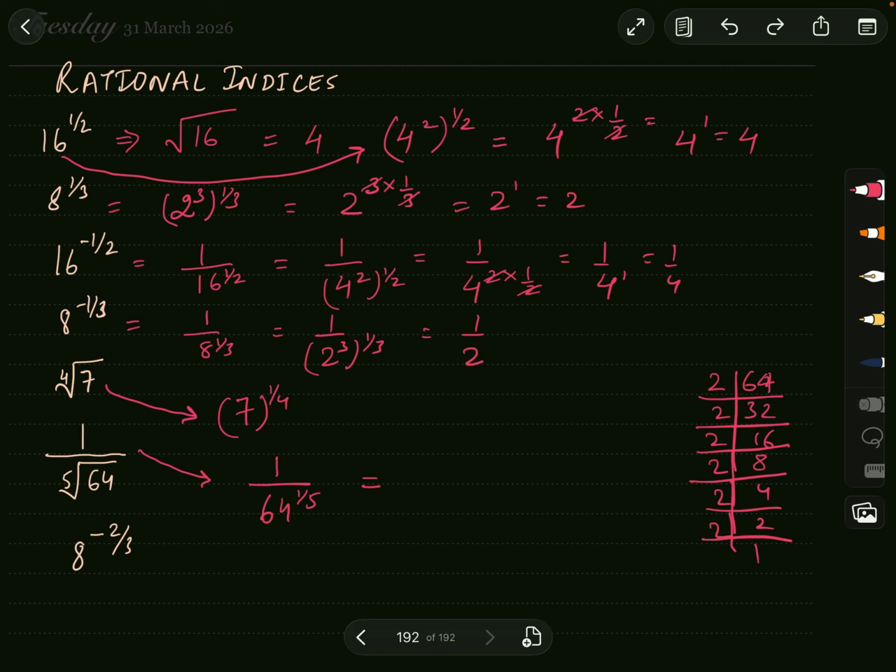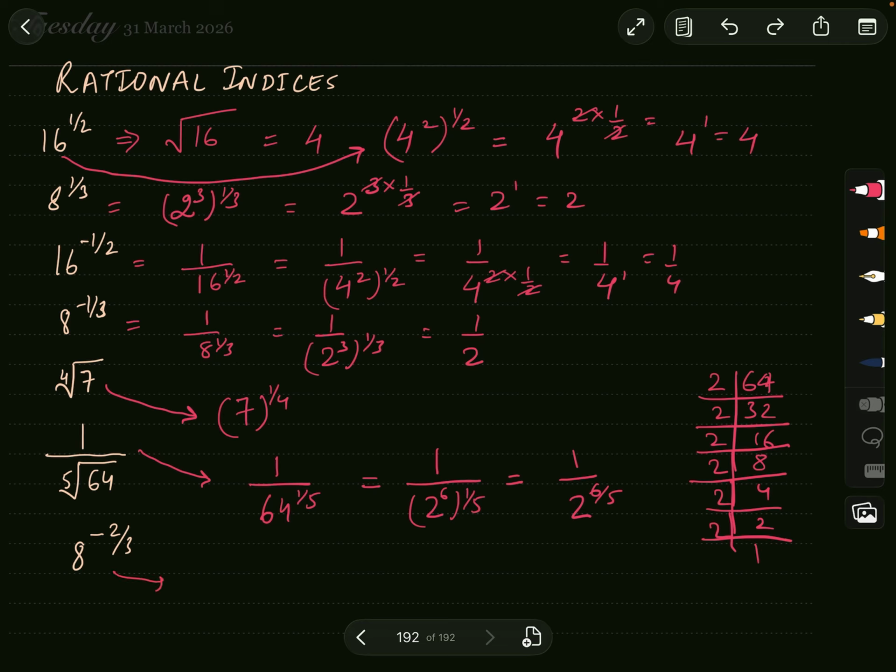So there are 6 powers of 2 in 64. So I'm going to write this as 2 to the power of 6 to the whole power of 1/5, which can be written as 1 over 2 to the power of 6 over 5, because 6 multiplied by 1/5 is 6/5.